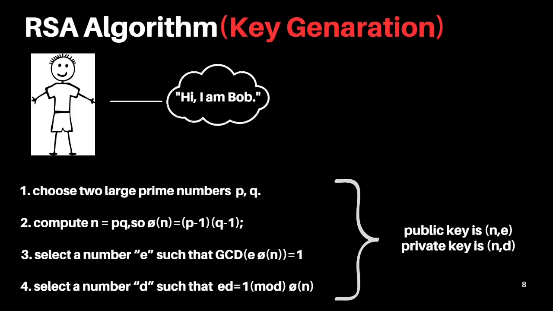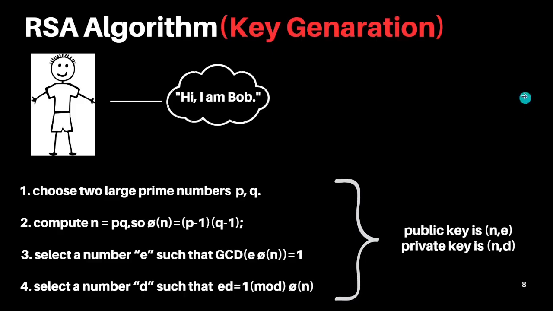The first one is key generation, and the second one is encryption and decryption. We will assume that there are two users: the first one is Bob, and the second one is Alice. We will generate the public and private keys for Bob, and Alice will be sending a message to Bob. This is the scenario we are assuming, so let's get into the algorithm.